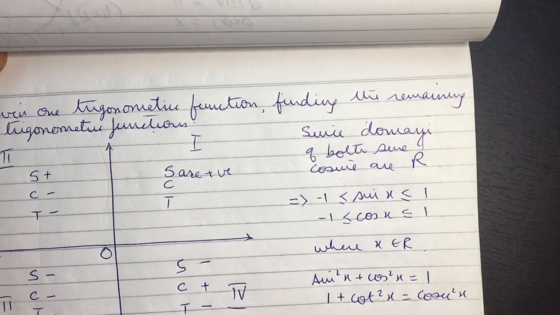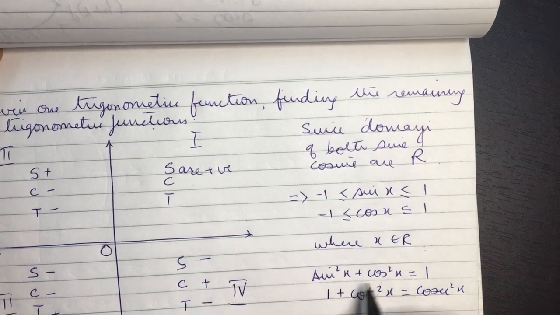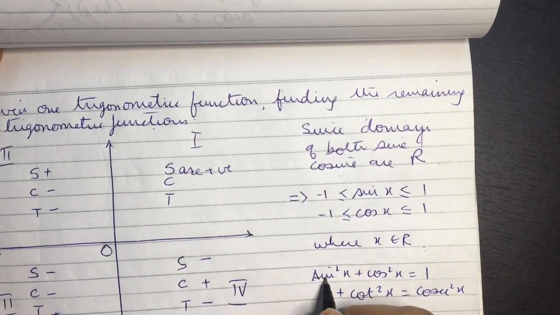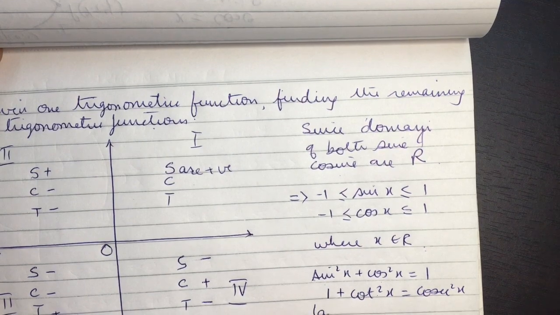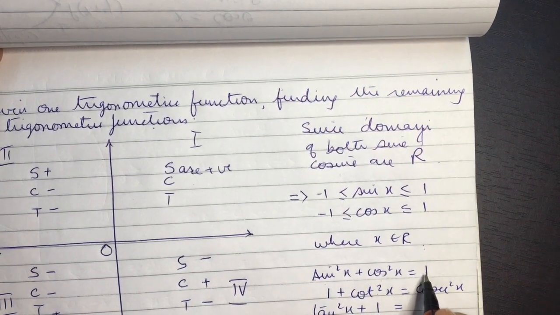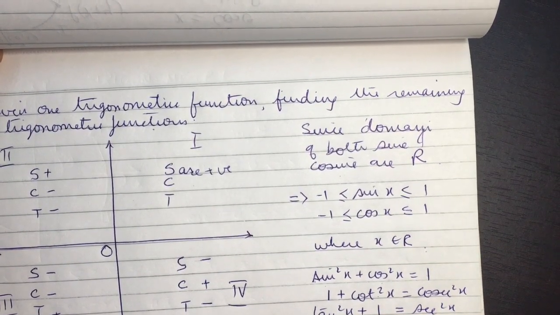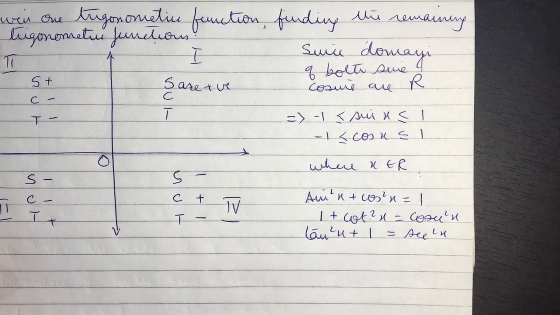Same way, if you divide by cos squared x, sin squared x upon cos squared x is tan squared x, plus 1 is equal to 1 upon cos squared x, which is sec squared x. So these are the three results which we have seen.